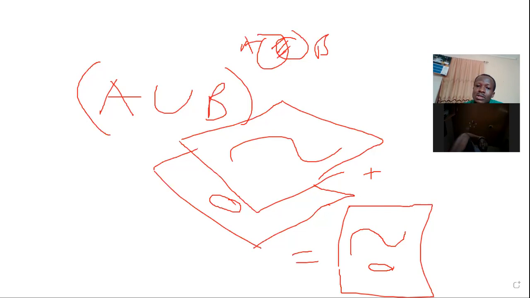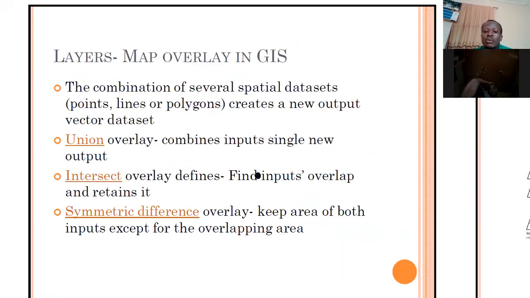That is the so-called intersect overlay. In the intersect overlay, we look for the overlap between the inputs, and then we retain it. But in the symmetric difference, we rather reject it, and keep everything apart from the intersected area. So intersect overlay is almost the opposite of symmetric difference. So intersect will be like A intersection B.